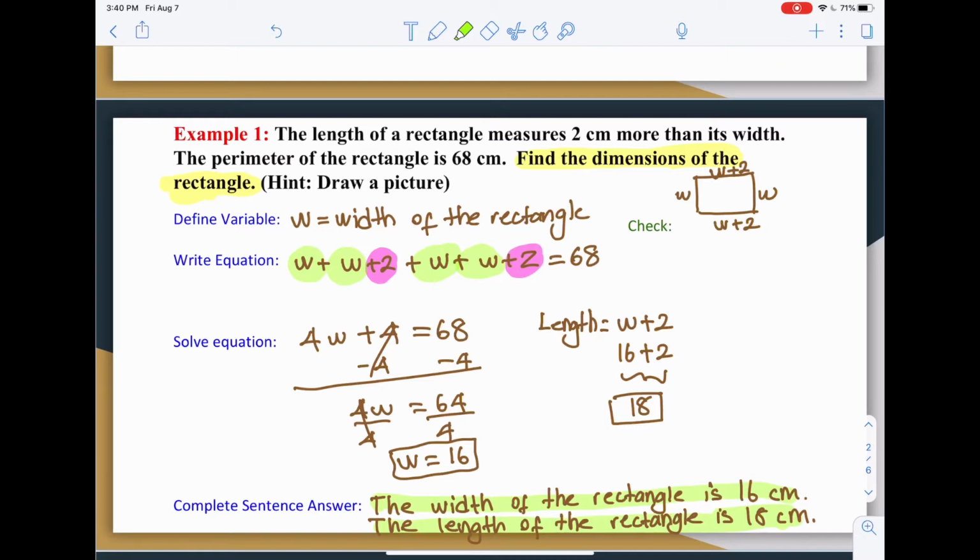Now the final step, which is the most important step of problem solving, is checking your answer.